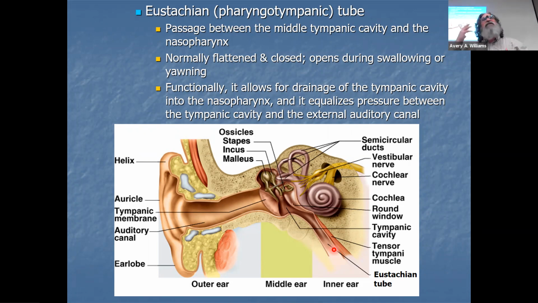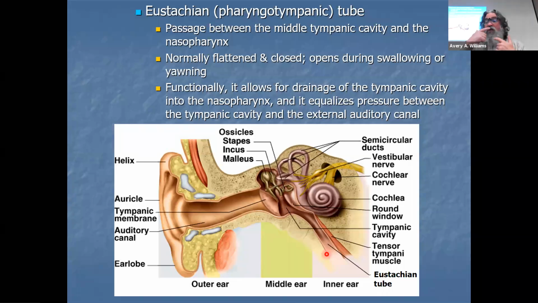What's fresh breath have to do with my ears? That has nothing to do with your ears. What do you do when you chew gum? You swallow. And every time you swallow, your eustachian tube opens up and your throat is connected to your oral cavity or to your nasal cavity, your nasopharynx, throat, okay? It continues with the outside world. And so when this opens up, it opens up into your throat and equalizes the pressure.